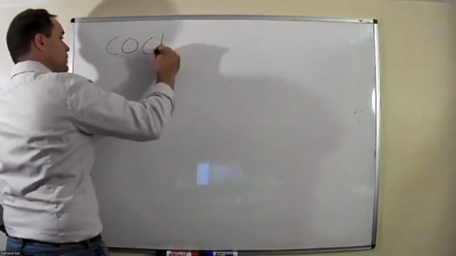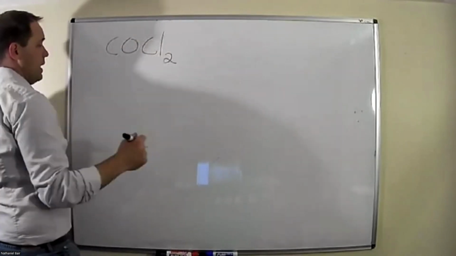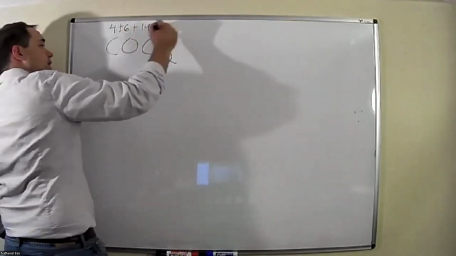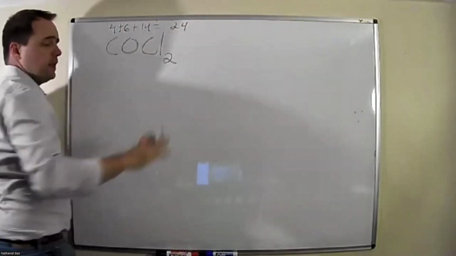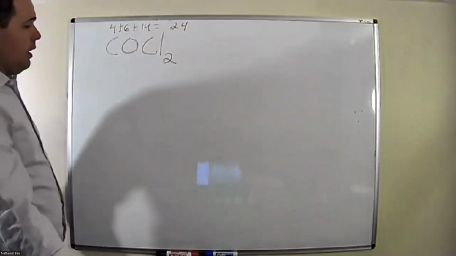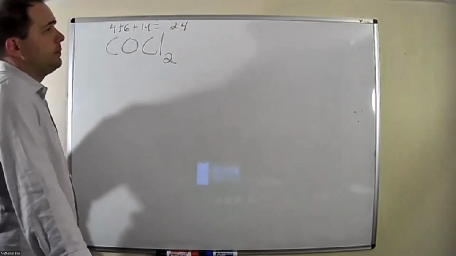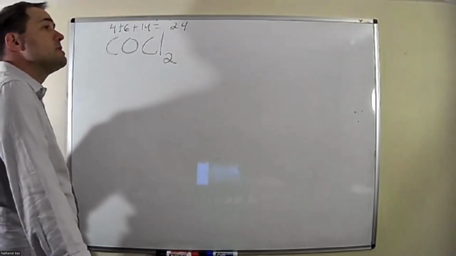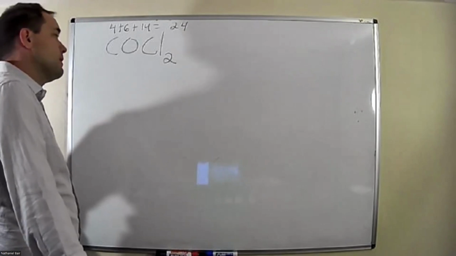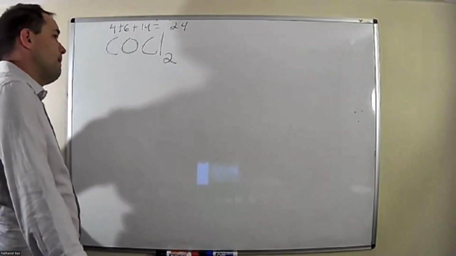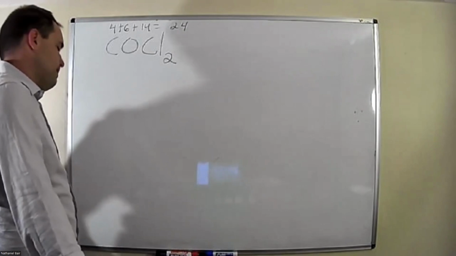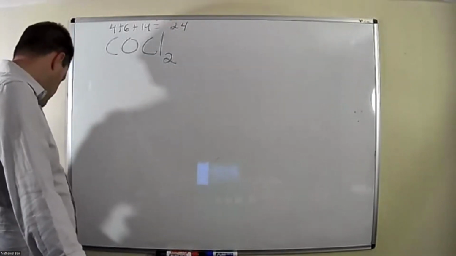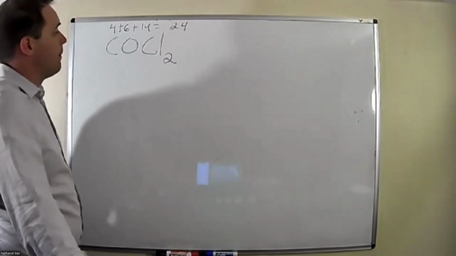No, it was COCl2, right? We did phosgene to end class, I think. So that's 4 plus 6 plus 14 equals 24. Take a second, get caught up. All right.